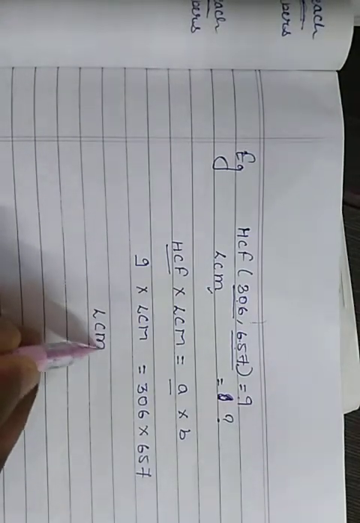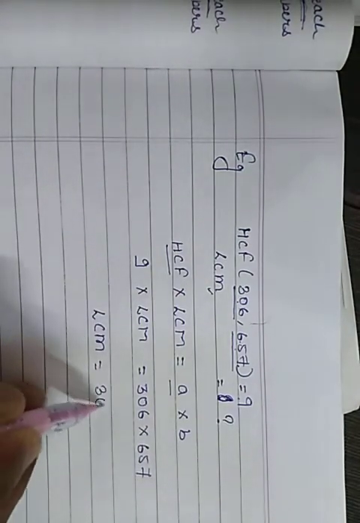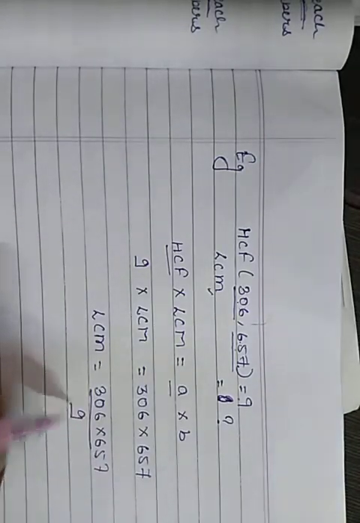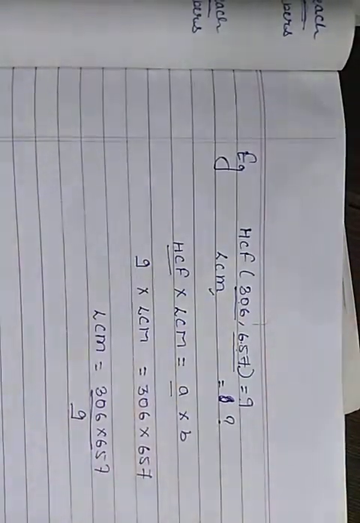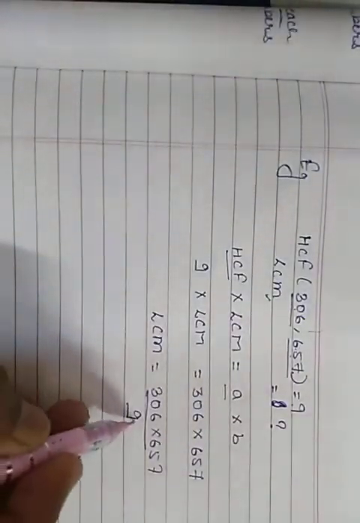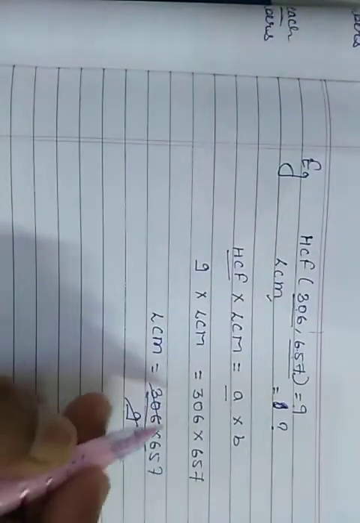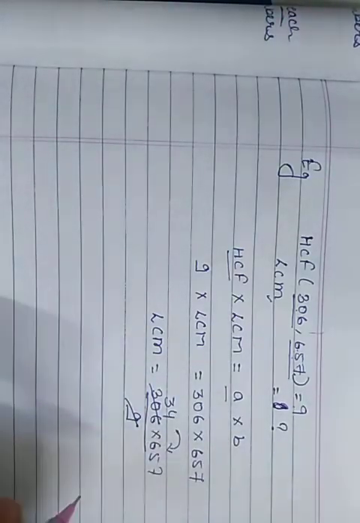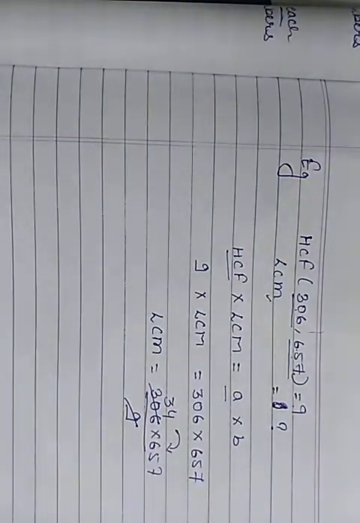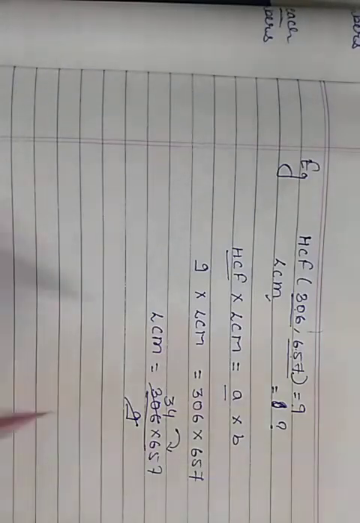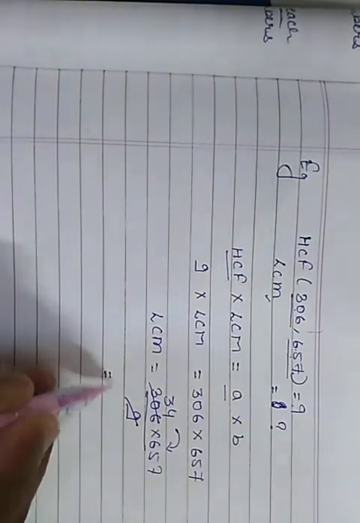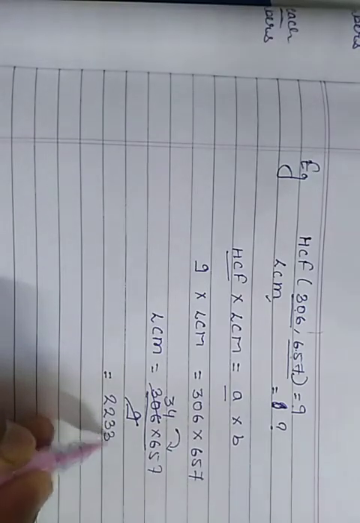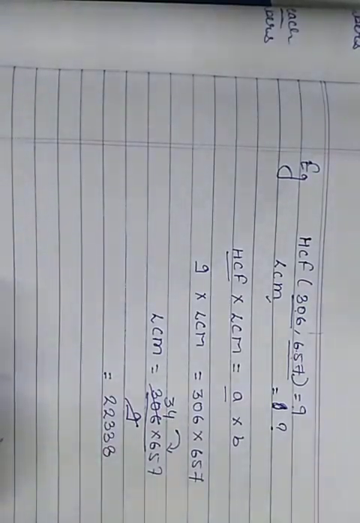For calculation of LCM I can use 306 into 657 upon 9. Now a simple mathematical calculation. Here we have 34, and now we can multiply the two numbers, and if you multiply, it is equal to 22338.